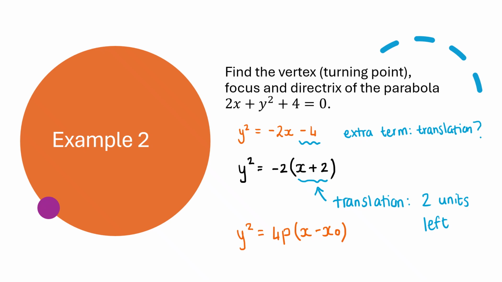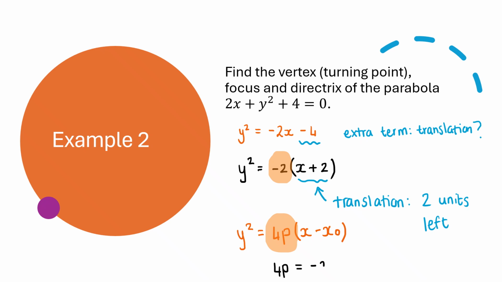Now let's compare the formula that we have versus the formula in the standard form. We have that the coefficient of x is negative 2 in our equation, and in the standard equation, it is 4p. So the first thing we can do is find the value of p.